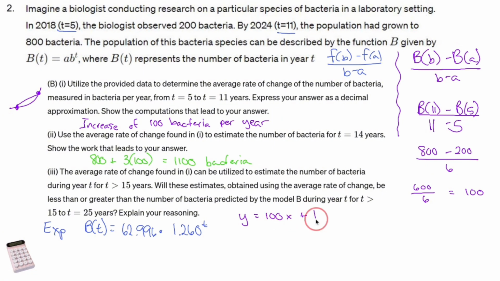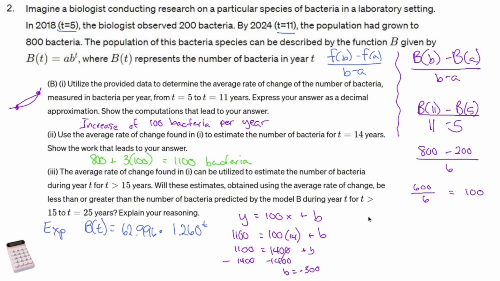I don't know what my y-intercept is, but if I take one of these points up here, like the point that I just came up with, 1010, and plug it in, I get 1010 equals 100 times 14 plus b, so 1010 equals 1400 plus b. Subtracting 1400, b is equal to negative 300.